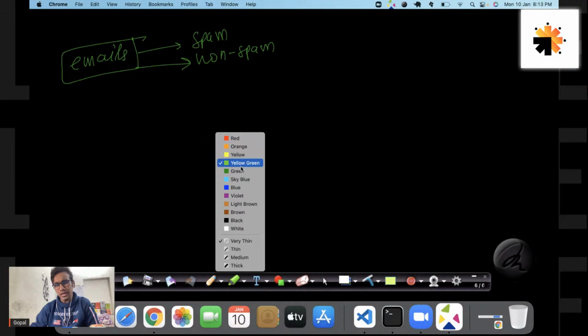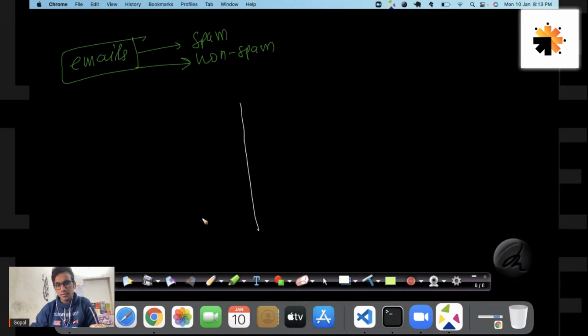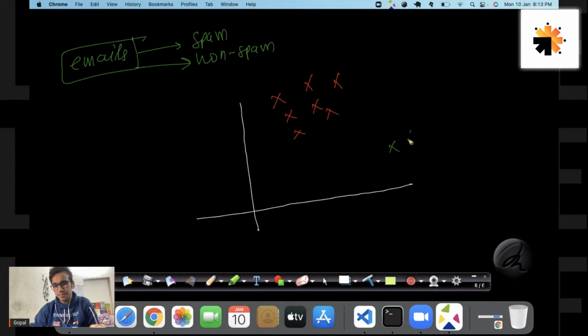Definitely you will have email data, and in these emails you will have spam and non-spammy emails. So what if I can come up with a function such as, right, my spam and my not a spam.